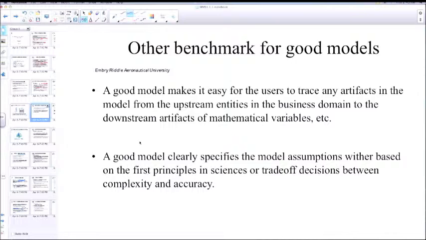Another benchmark for a good model is traceability. So any artifacts in your model should be easy to trace from upstream entities in the business domain to the downstream artifacts in the mathematics: variables, equations.